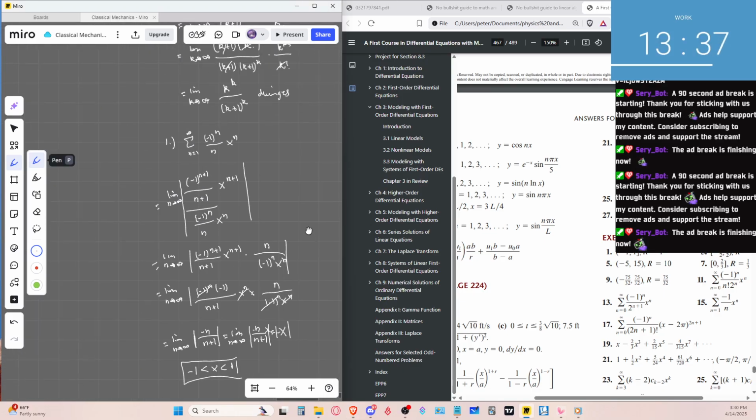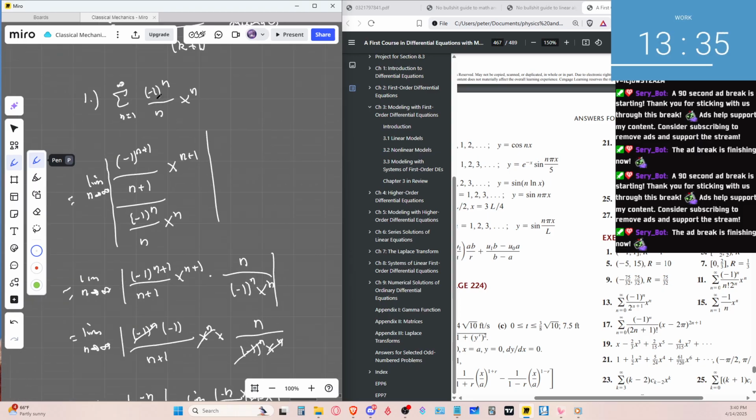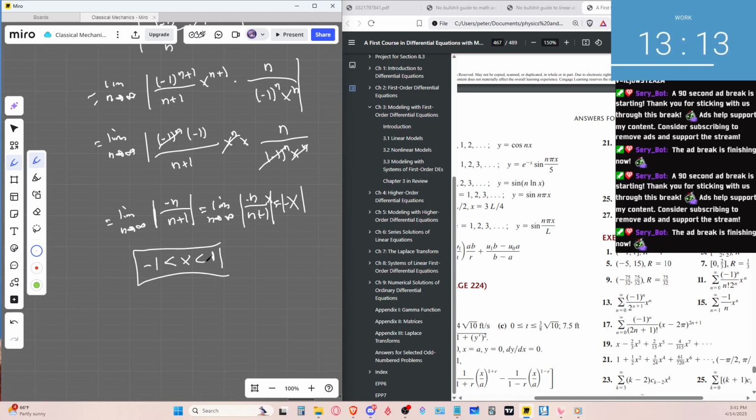Wait, what's the original series? If x is negative 1, yeah, I'm wondering why. Oh, it can equal 1. I guess we just forgot that part. And the radius is 1.